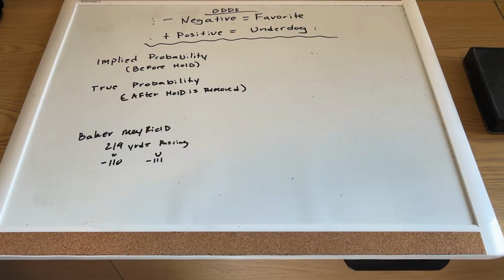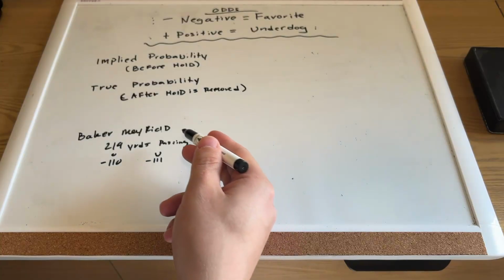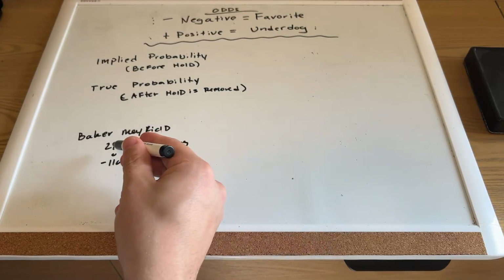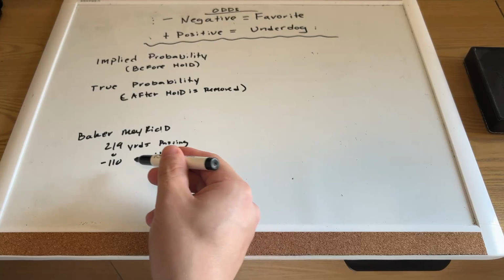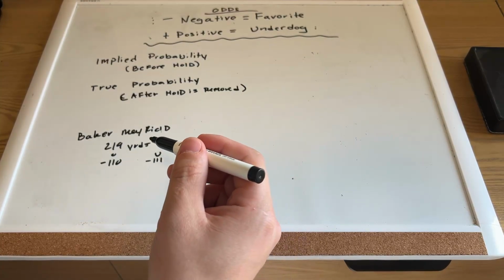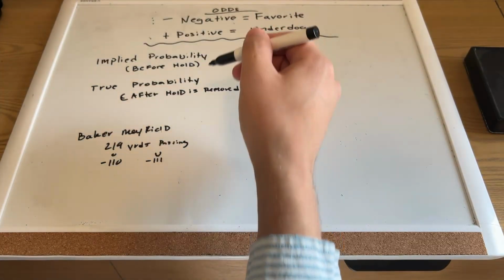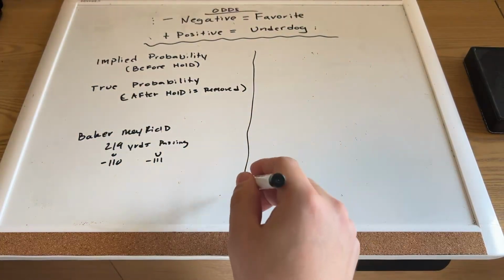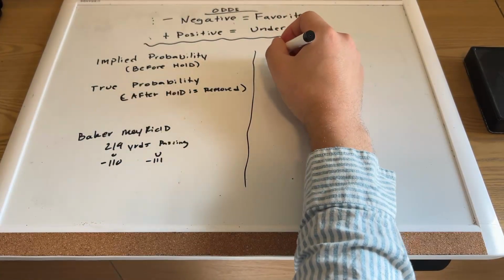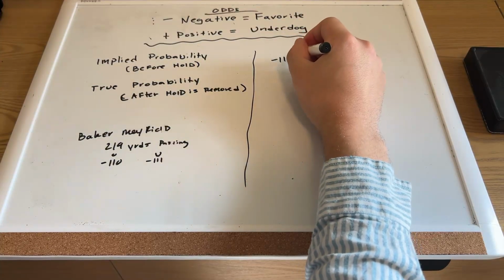So just to jump into this, I found a line that they have out there right now. Baker Mayfield, 219 passing yards, over -110, under -111. So we've got to get the implied probability first. You've got -110, we went through this before.